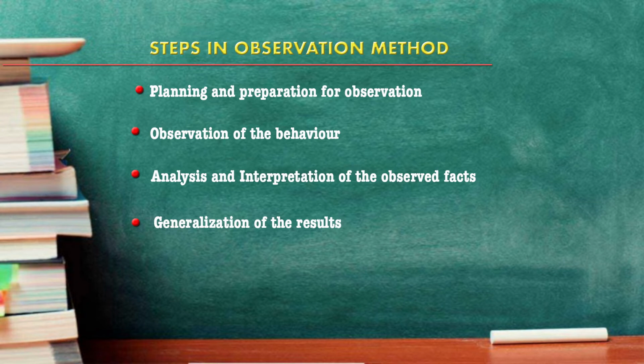So you have to follow these 4 steps: planning and preparation of the observation, observation of the behavior, analysis and interpretation of the observed facts, and then finally you generalize, you deduce the result out of it.